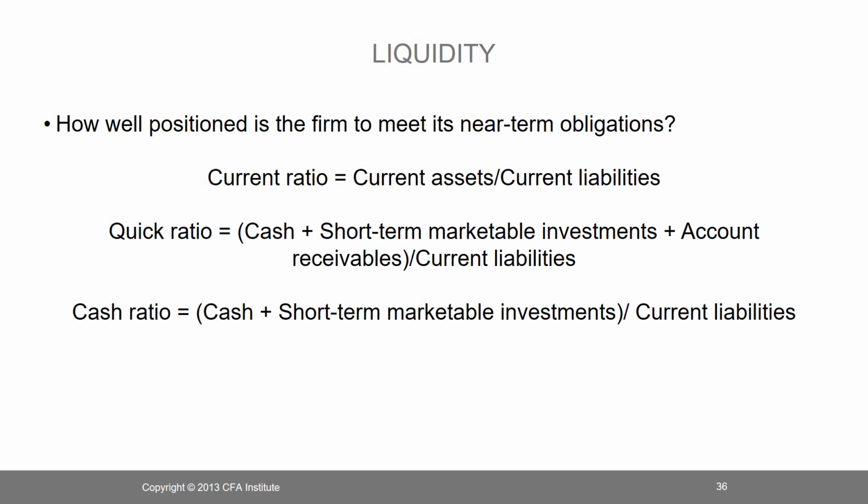Now let's move on to liquidity. Liquidity refers to a company's ability to meet its short-term financial obligations. The level of liquidity needed differs from one industry to another, so from one sector to another. A particular company's liquidity position may vary according to the anticipated need for funds at any given time.